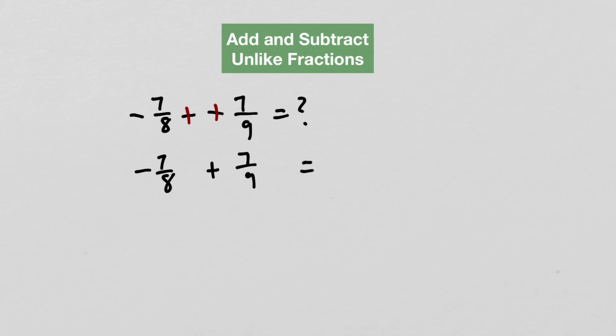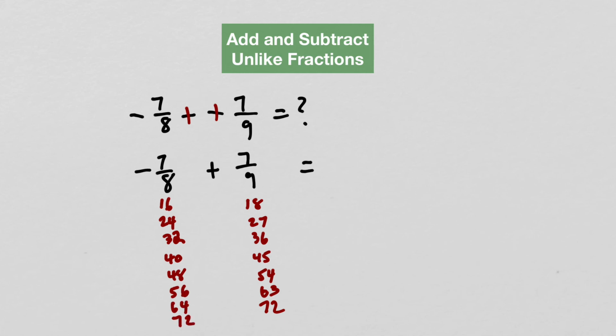Okay, multiples of 8 are 8, 16, 24, 32, 40, 48, 56, 64, 72. There we go. We've got a match. Okay, so the least common denominator is 72.